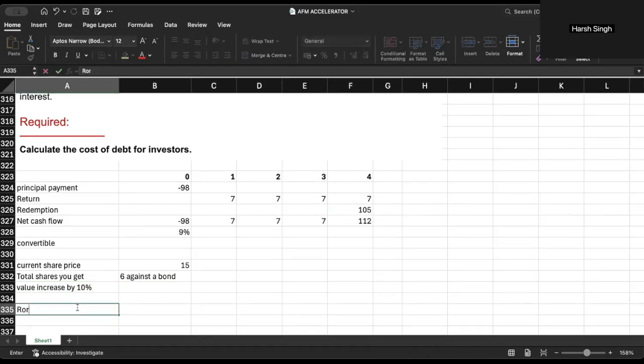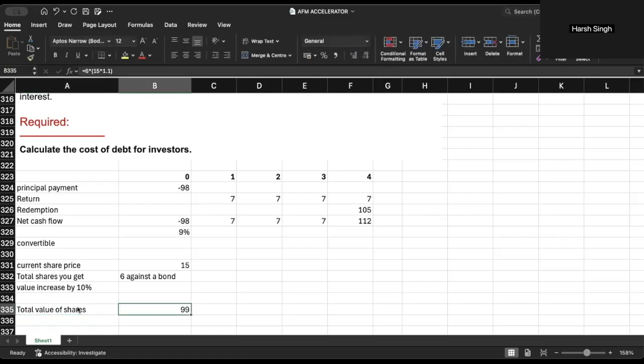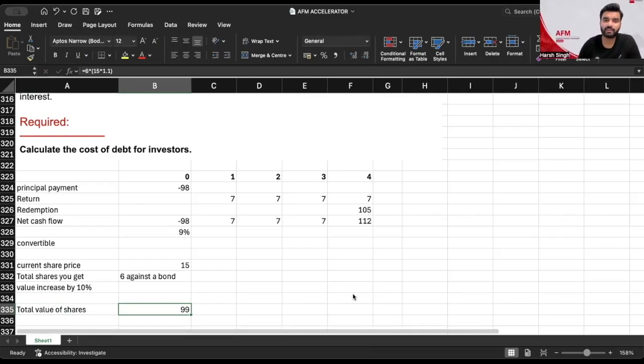Total value of shares will be equal to 6 shares multiplied by the current value of 15 into 1.1, which is 99. So now tell me, if you are an investor, will you take debt which is of 105 rupees, or will you take equity which is of 99 rupees? Most of the people will always say debt, everyone. So this is how you can solve the normal question of convertible equity.